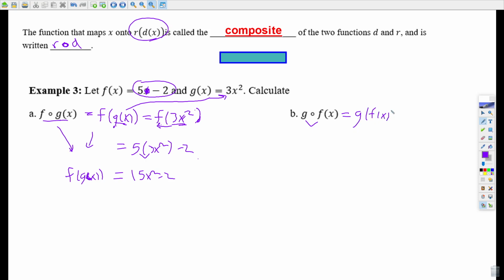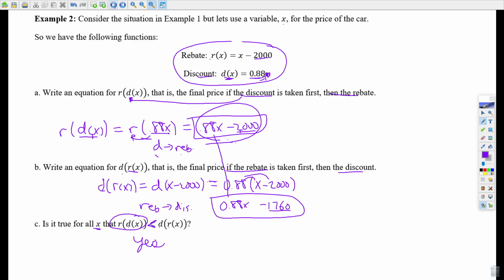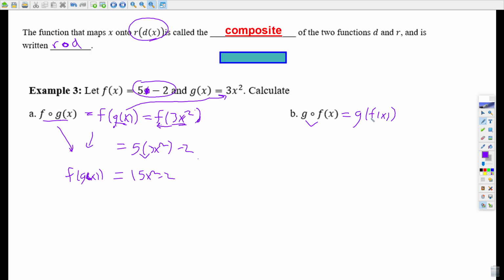A good question is to say, is this going to be the same thing? Doesn't matter. Well, clearly back here, when we just switch the letters around, we didn't get the same answer. So we'll see what happens here. G of F of X, that would be G of whatever F of X is. It's this thing here, 5x minus 2.